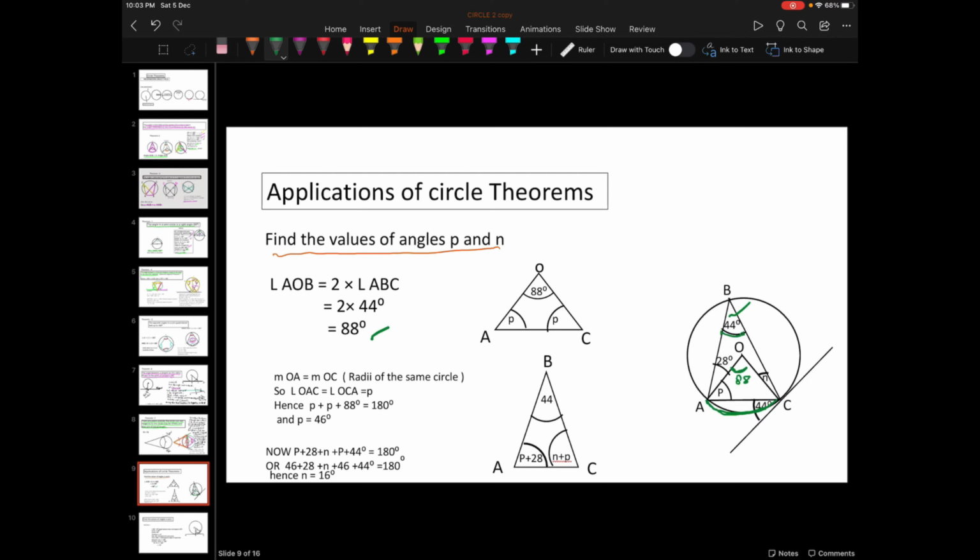Moreover, in triangle OAOC, OA is equal to OC.